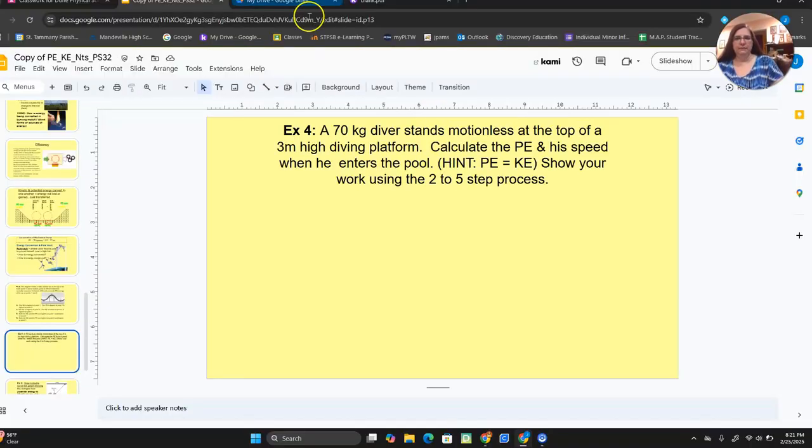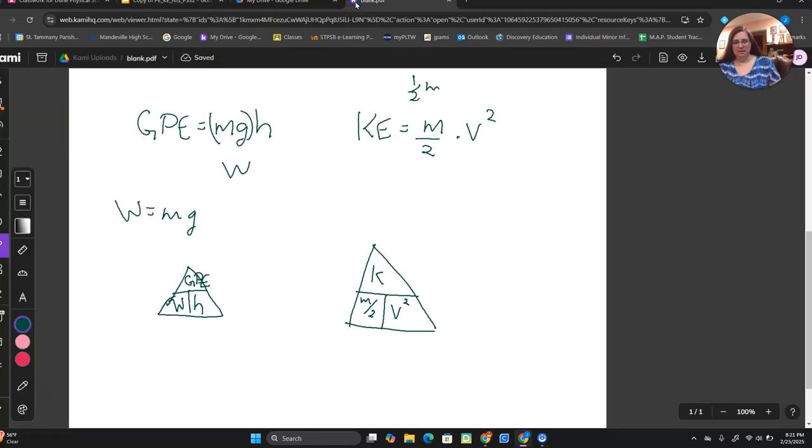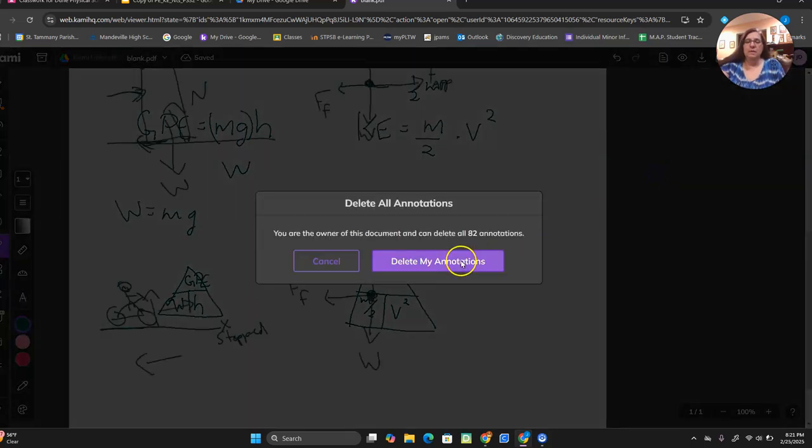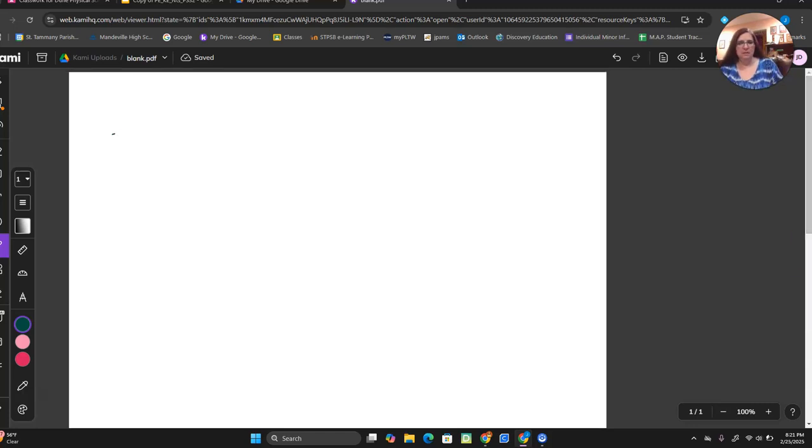Oh, I unplugged my mouse to do this so I can use the tablet. All right, so we have a diver, and the diver is starting up here on the diving board. That's a terrible diving board. All right, so we have our diver up here.